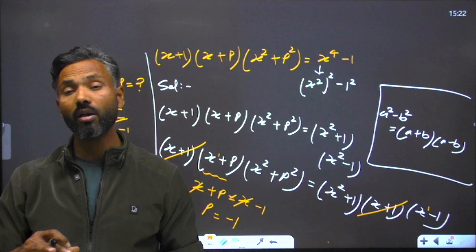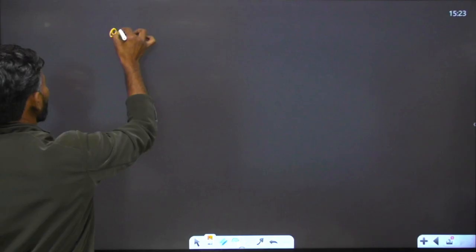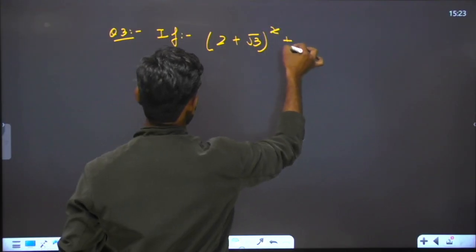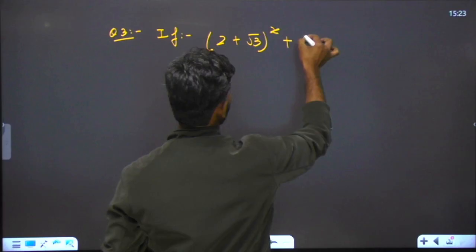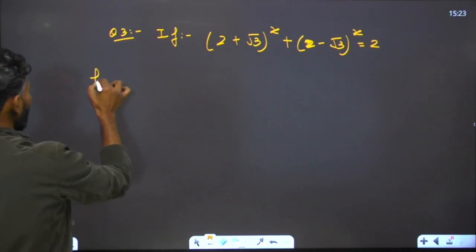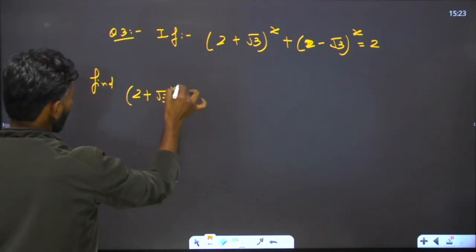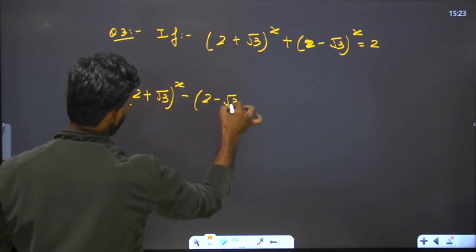Okay, now we have the third question, and that is also a very interesting kind of question over here, and we will discuss that question. The question says that if 2 plus root 3 whole to the power x plus 2 minus root 3 whole to the power x is equal to 2, then we have to find 2 plus root 3 whole to the power x minus 2 minus root 3 whole to the power x.